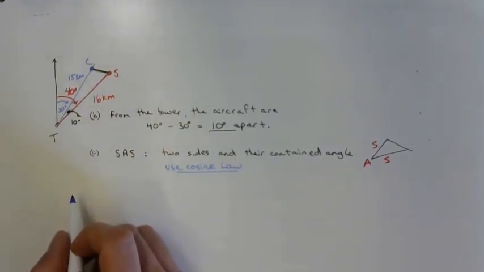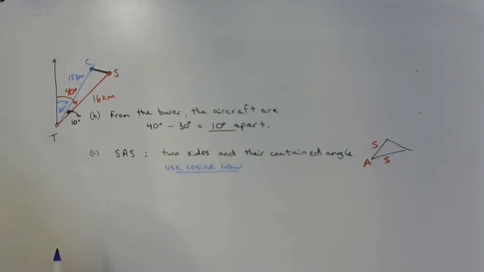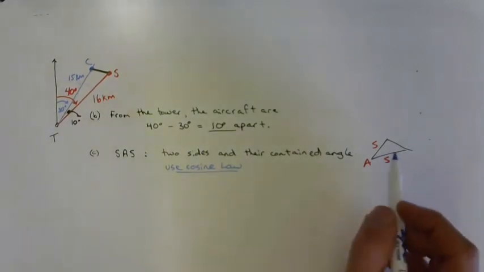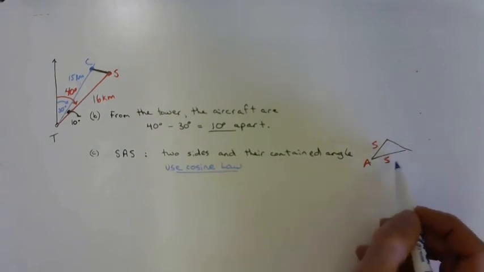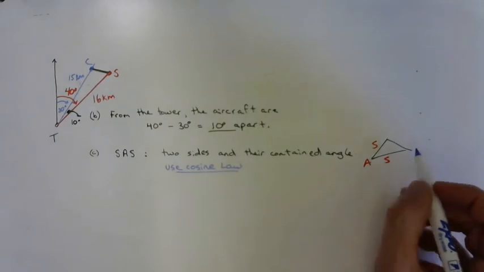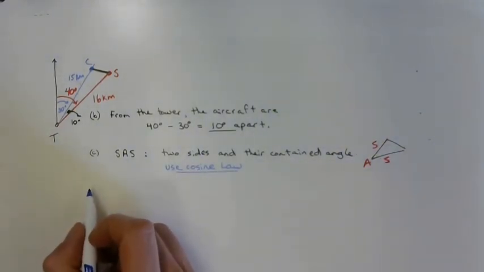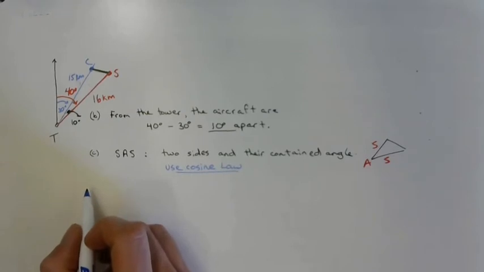All right, let's go ahead and solve this. It's not necessary to solve the ambiguous case, because we have side, angle, side, not side, side, angle. Side, side, angle, you would require ambiguous case. So let's determine the actual distance here.